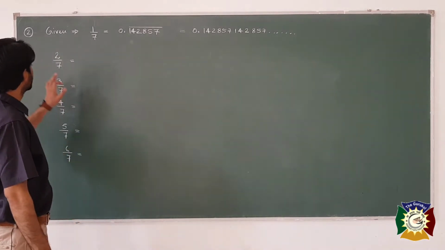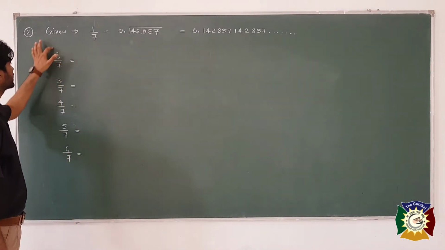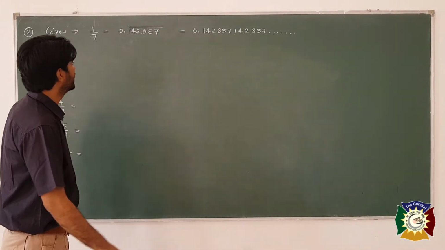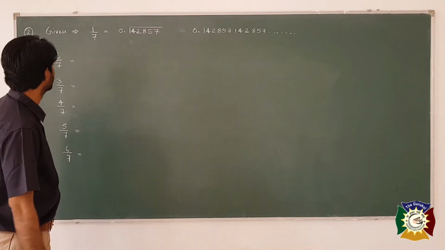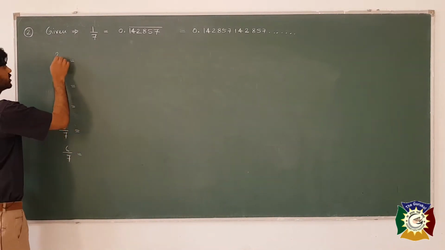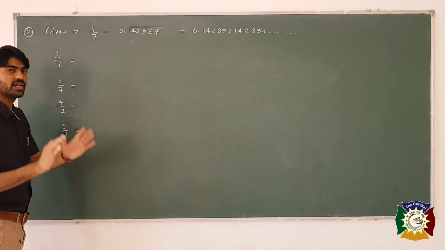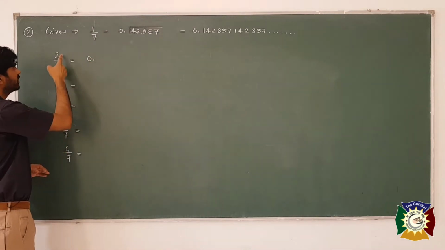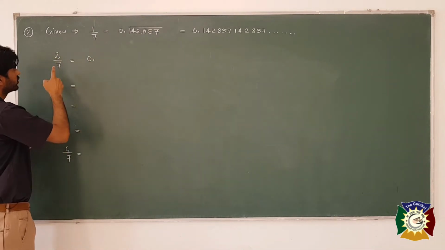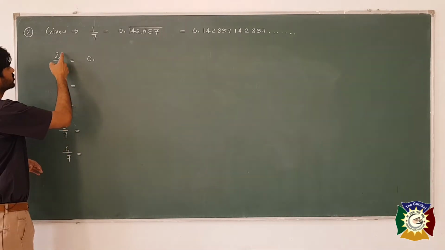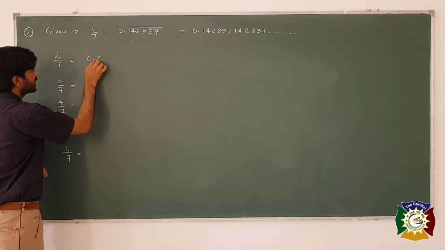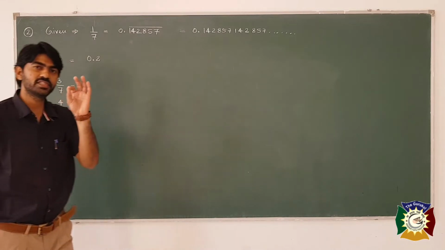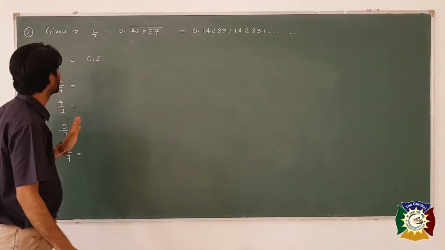Okay. Now look at this. We just have to check the first digit after decimal, and then we need not do the division. It is 2 divided by 7. Suppose I divide 2 by 7. So I will get 0 and it will become 20. So 7 2s are 14. So first digit after decimal I will get 2. You have to just check the first decimal digit.